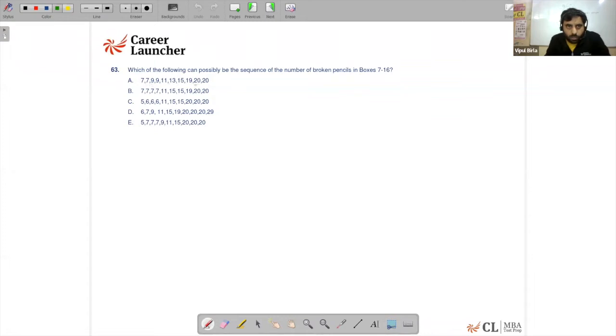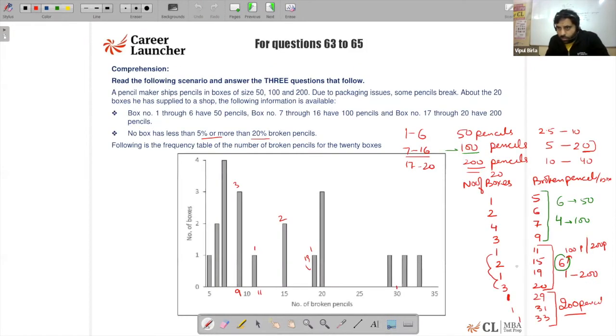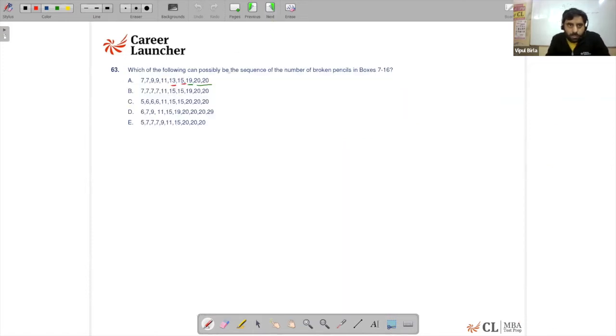Okay, so we've got 20, 20, then 1 as 19, 15, 13. Let's go back. There is no box with 13 pencils broken. So I can say this is eliminated, cannot be the answer.